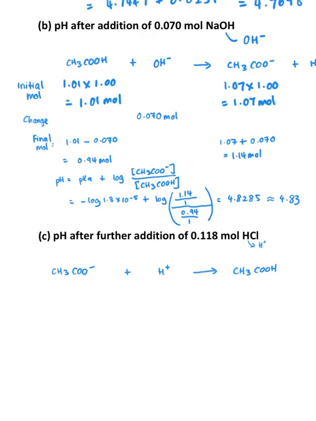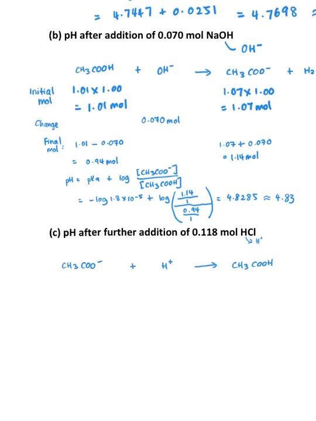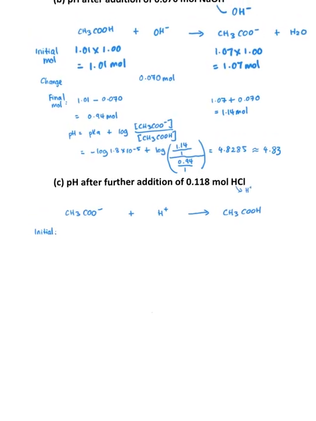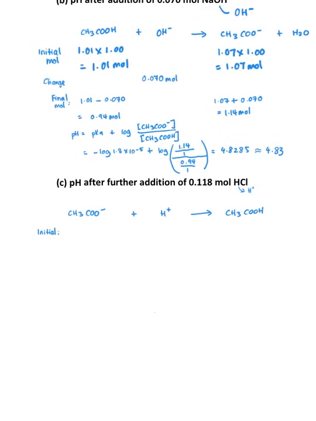Now let's look at what are our initial values for acetate ion and acetic acid. Okay, we actually know from the previous part B, that we have 1.14 moles of acetate and 0.94 moles of acetic acid.